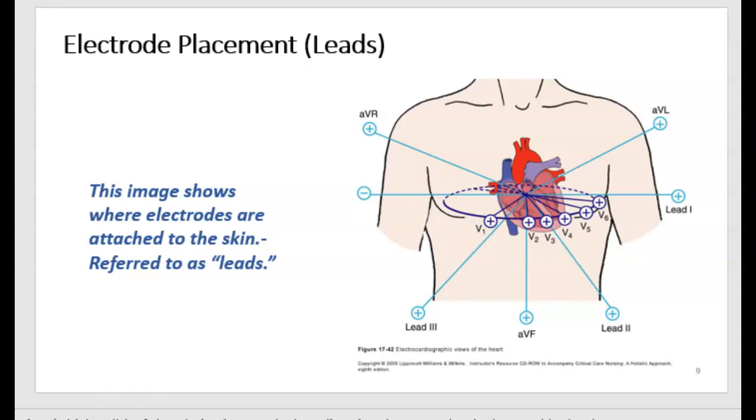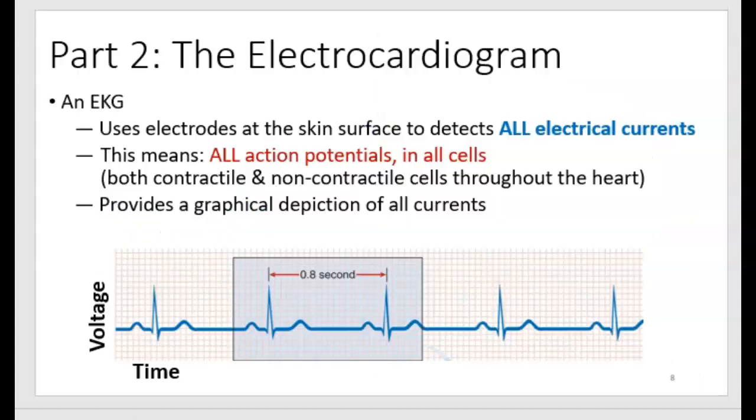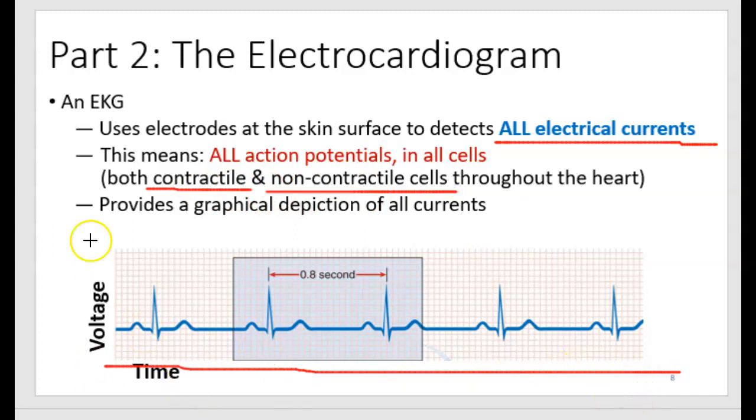That means that all action potentials and all electrical currents are being picked up, added together, and then you get a picture of this tracing. All electrical currents are being detected, both contractile cells and non-contractile cells, over time. And then a graph is produced, voltage over time.